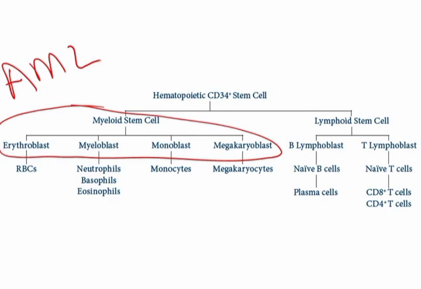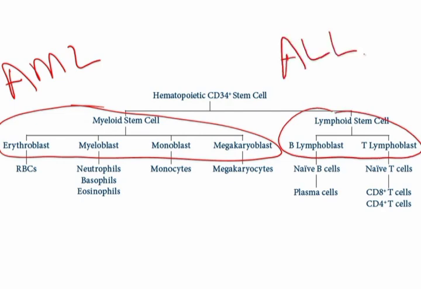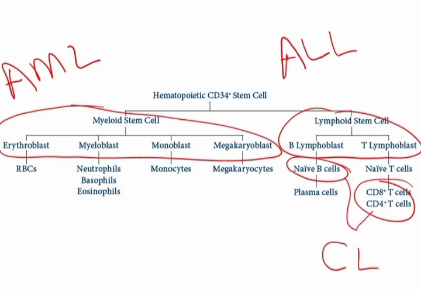If there is an accumulation of cells of the immature lymphoid lineage, then we call that ALL. If there is an accumulation of mature lymphoid cells, for example T cells or B cells, then we would call that chronic leukemia, and there are subtypes that we've already discussed in the previous section.